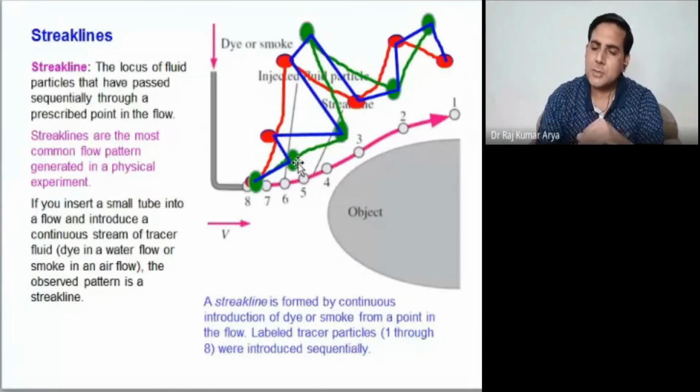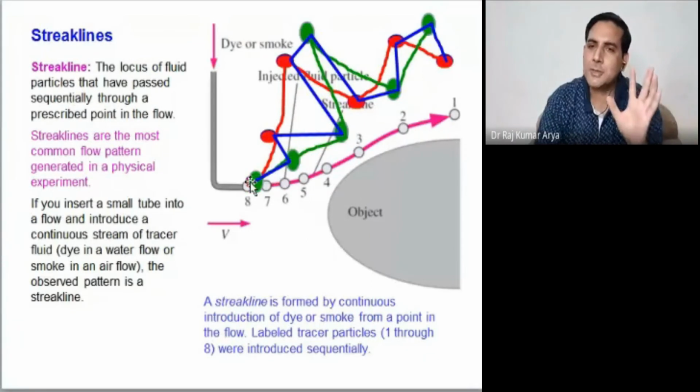This 1 was the red, and 2 was the green. Immediately after the red, the green's position was here. So you have connected this. After that again you have particle 1, then particle 2, again particle 1, then particle 2, then particle 1, particle 2, particle 1, particle 2, and the original position.